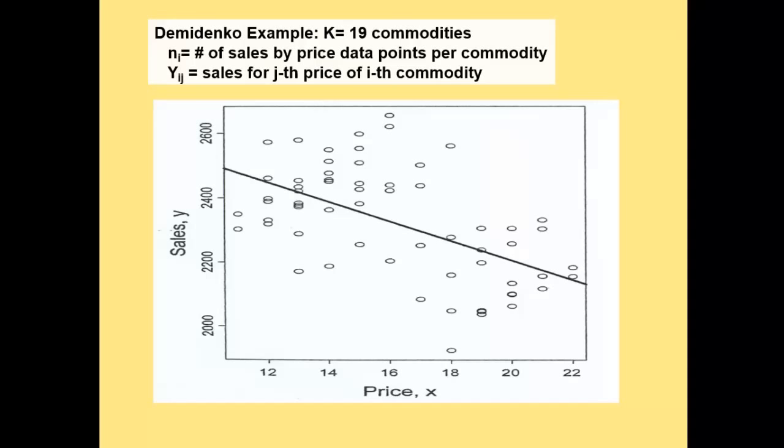This is ignoring that and just treating all the data as independent. I know it's late in the day here, so I'm going to come back to this, but I want to introduce it right here.